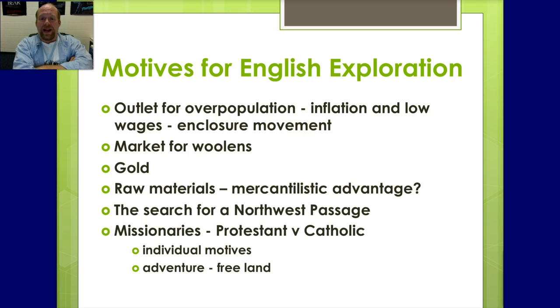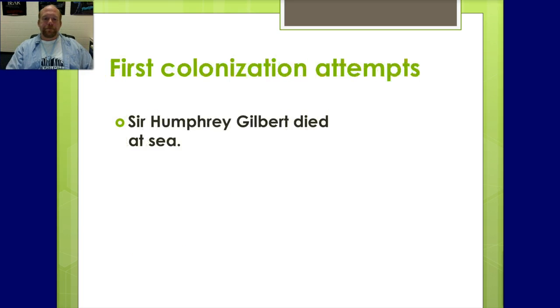If you're here fighting for land in England, you want a place to go get some free land. And this is a way to do that by going over to the New World. It's several months of travel, but if you're willing to put up with that and get a free plot of land, ain't bad. If your family could get a free plot of land here, wouldn't you do it? I would think so. So those were some of the motives for English exploration.